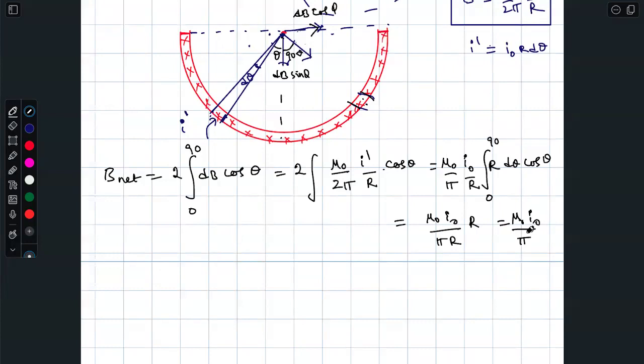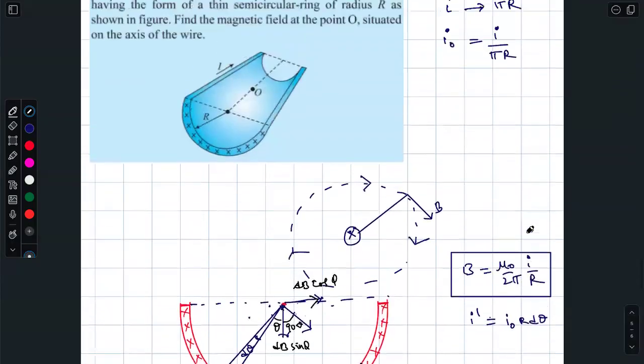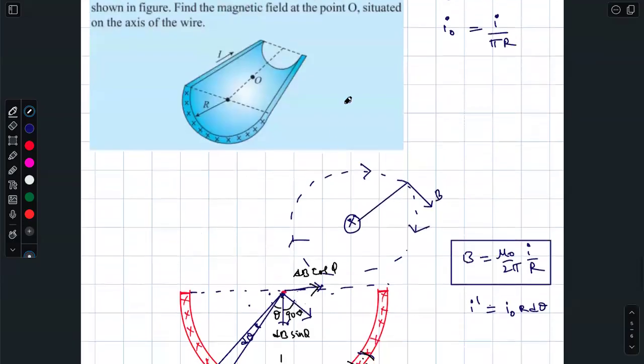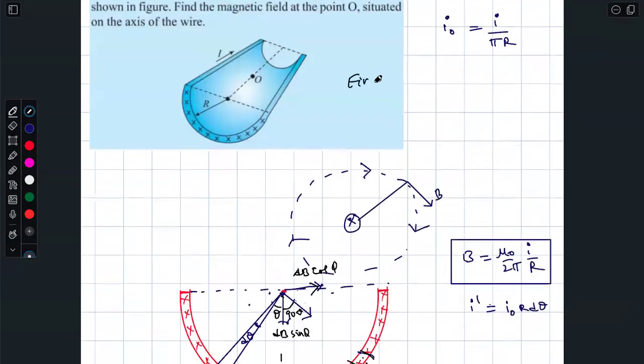That's the answer for this. Right, but I naught is not defined in the question. We have defined I naught as I by pi r. So therefore, finally, B is mu naught I naught by pi.